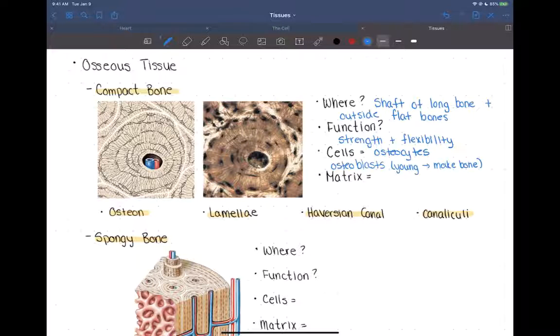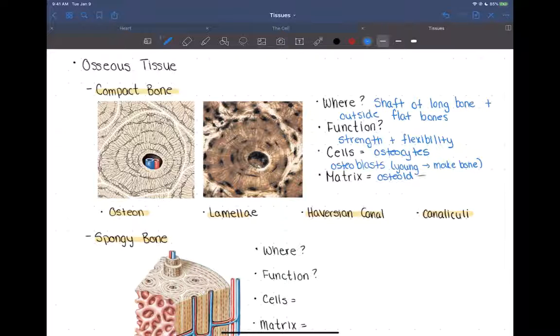So this is just kind of a general overview here. Okay, so the matrix of bone is called osteoid. It's made by those osteoblasts, and it actually has its own special name. It's called osteoid. All right, made by the osteoblasts, and it calcifies and becomes that hard bone substance that you're probably familiar with.